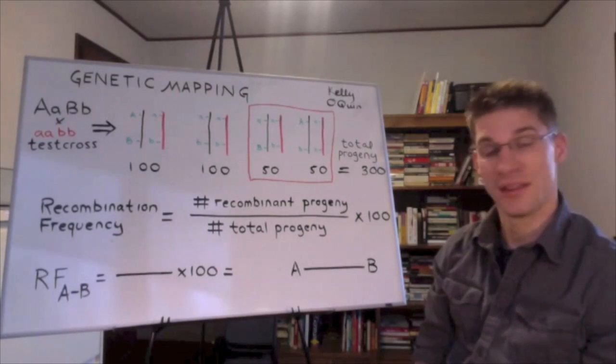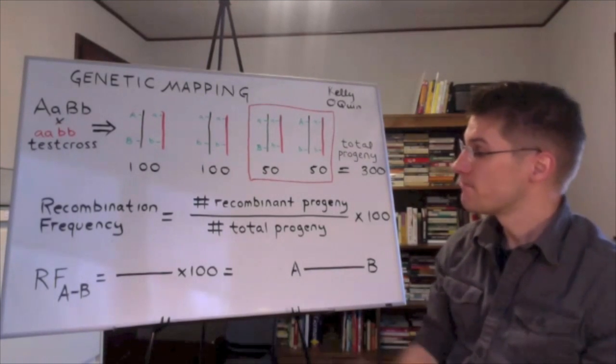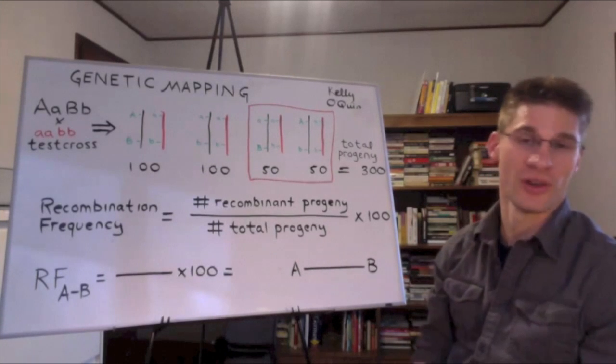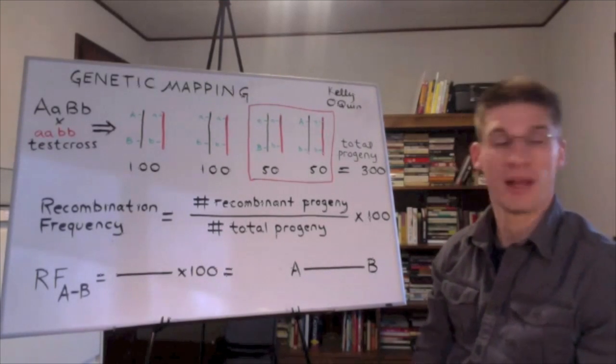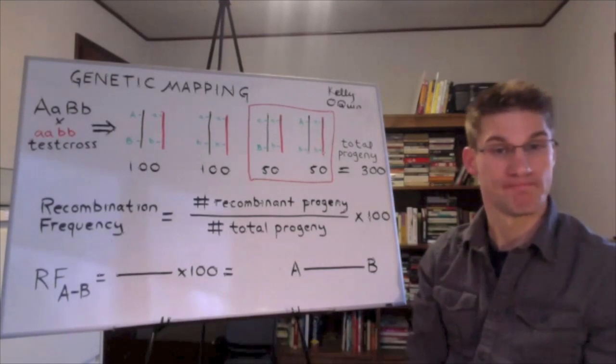Now to estimate the frequency of recombination between A and B, we simply add up the number of recombinant progeny and divide them by the total number of progeny, and then multiply that number by 100 to get a percentage.